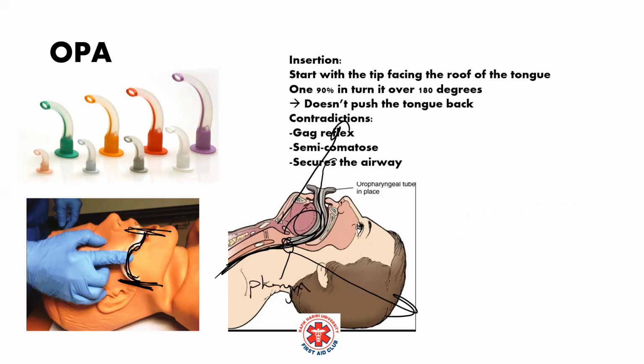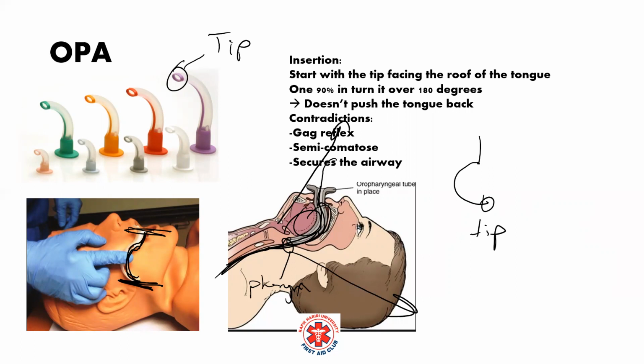Insertion. We start with the tip facing the roof of the mouth. So over here, the tip would be like this. We start off like this. That's the tip. Tip facing the roof of the mouth.